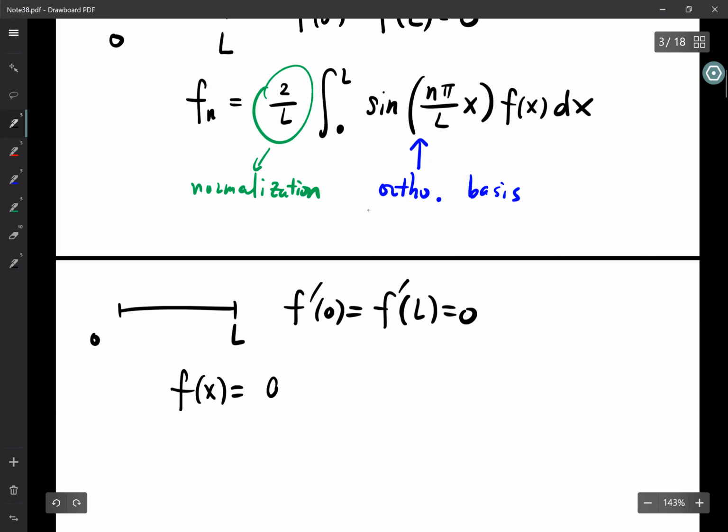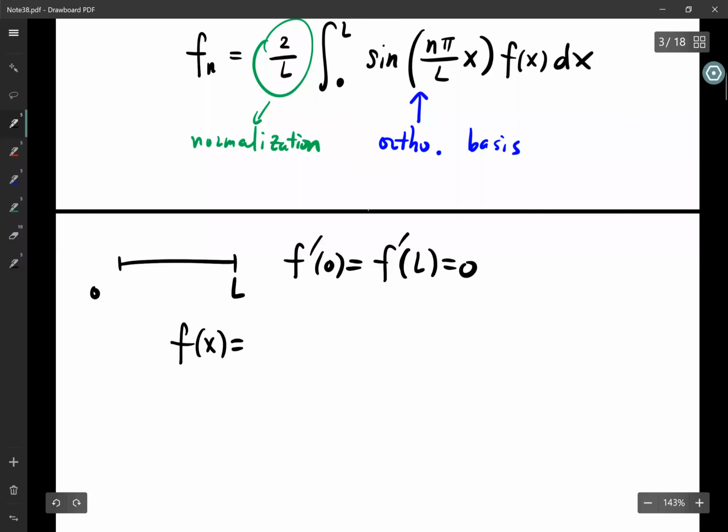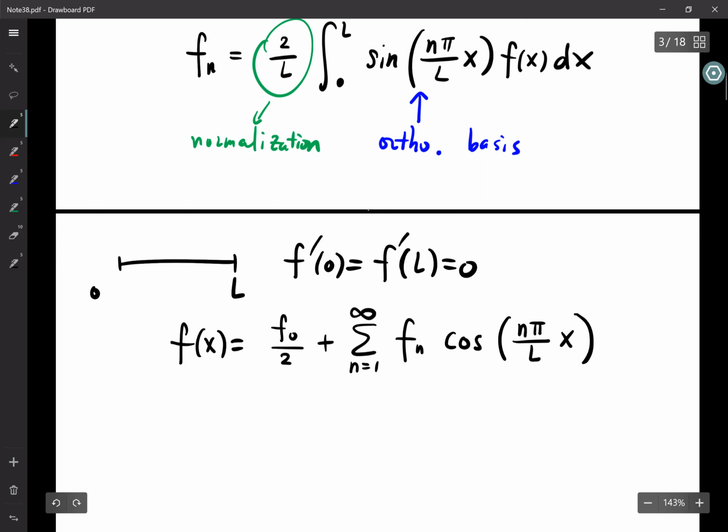Now I'm going to slightly rewrite it, deliberately writing f_0 divided by 2, and then the sum from 1 to infinity of f_n cos(n pi x / L). Because of the normalization, cosine with cosine has normalization L/2, but if n is 0, then the normalization is L instead of L/2.